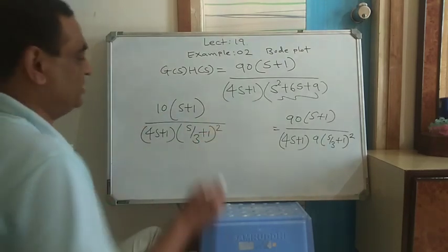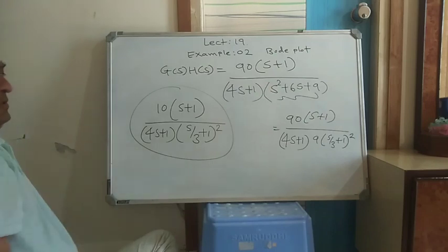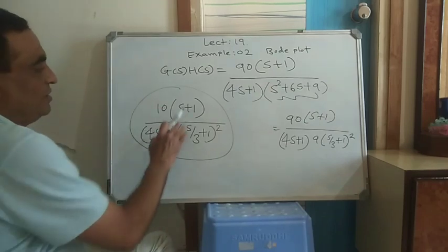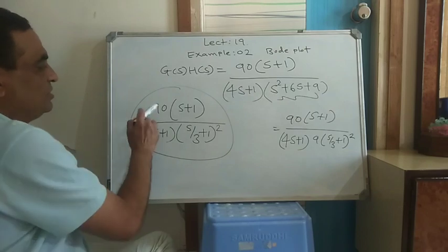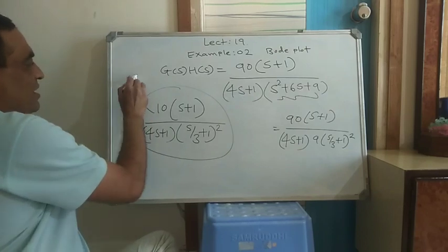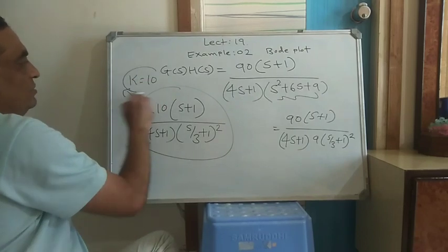This is the time constant form, that is the tau s plus 1 form. So now what is the gain? The steady state gain K is 10 now.